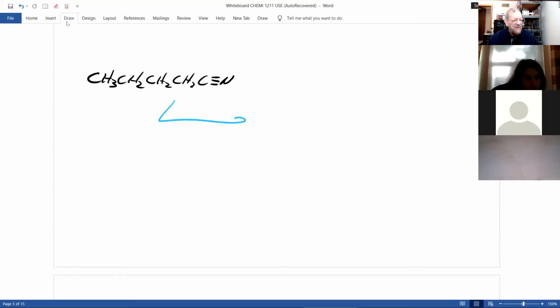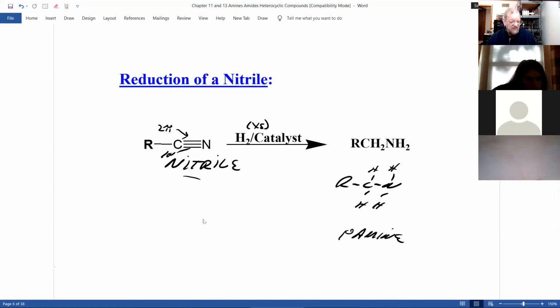Whoa, that's strange. I don't know why it changed. I forgot to write in the other one page, so I'm going to go back and do it. Remember, the catalyst equals nickel, platinum, or palladium.